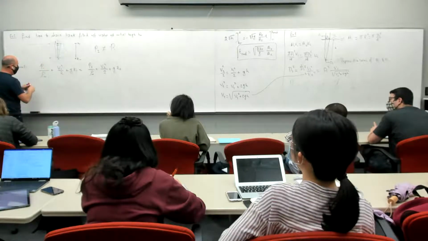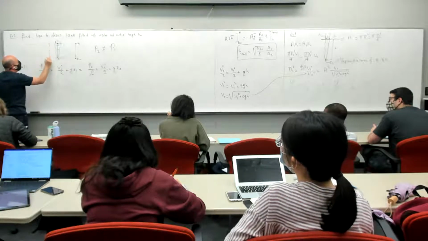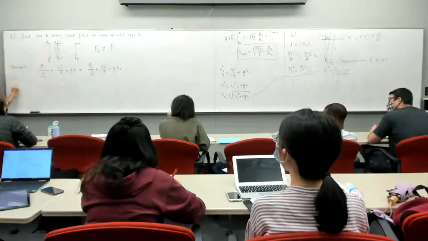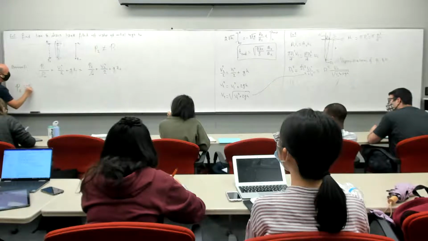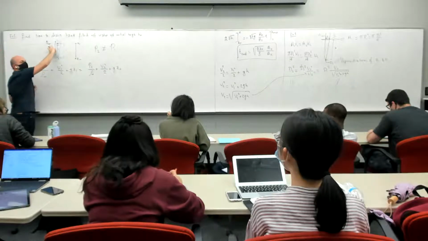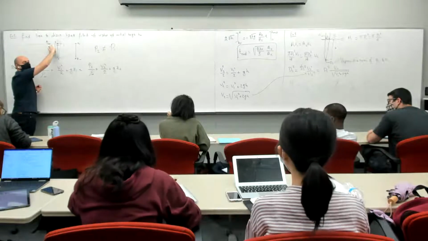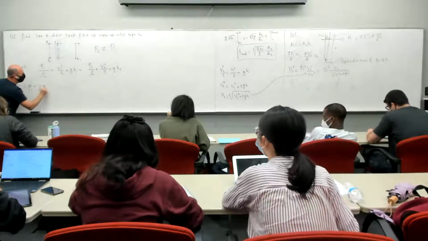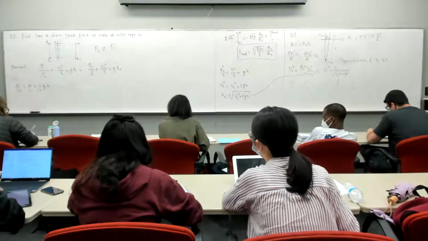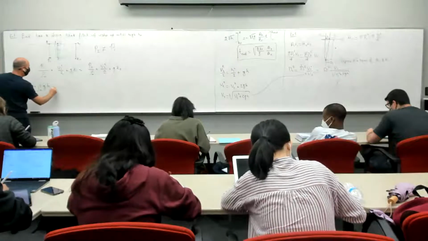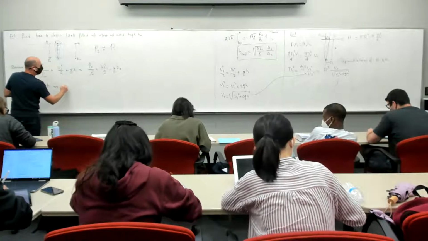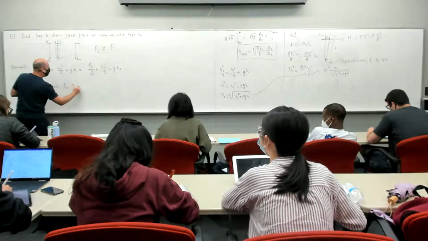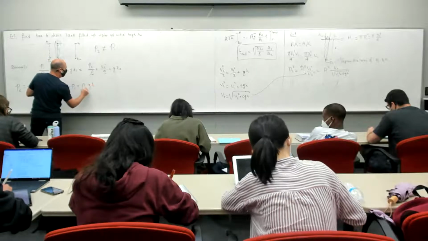From statics, you say that P2 over here is equal to P1 over here plus the weight of this column of oil, which is rho oil times G times H. That gives you P2 minus P1 equal to rho oil GH.